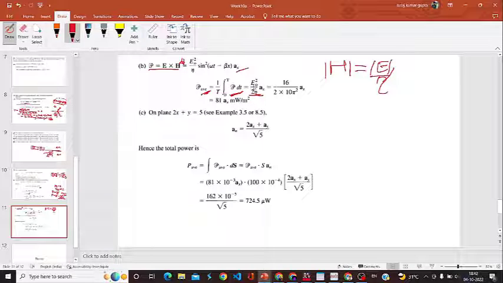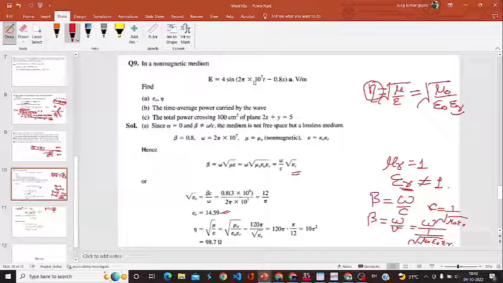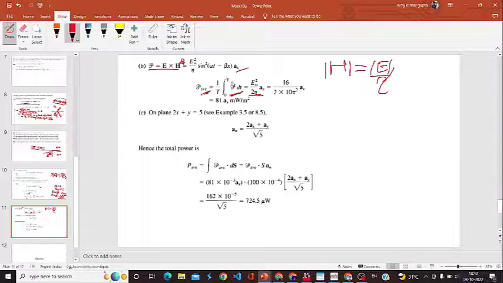E naught is given in the problem as 4, and eta we have already calculated in the previous part. Putting in E naught and eta, the calculated time average power is 81 milliwatt per meter squared along ax.